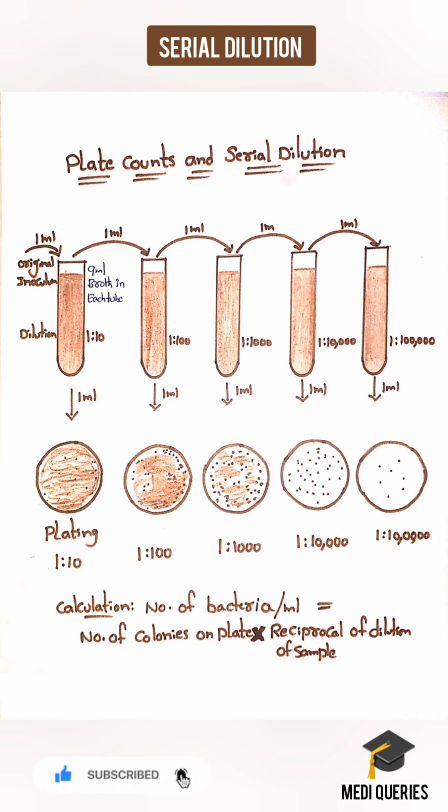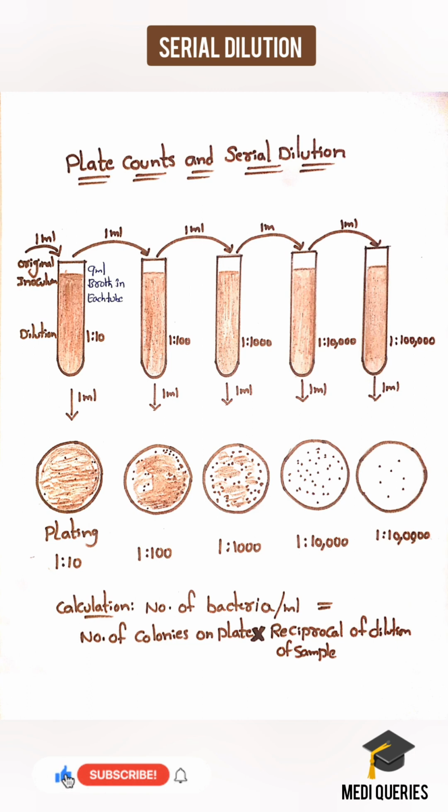And if 1 ml of the contents of this tube were plated out, potentially 100 colonies would be formed. So an easily countable number. Learning how to do serial dilution is an important part of certain experiments in microbiology laboratory classes.